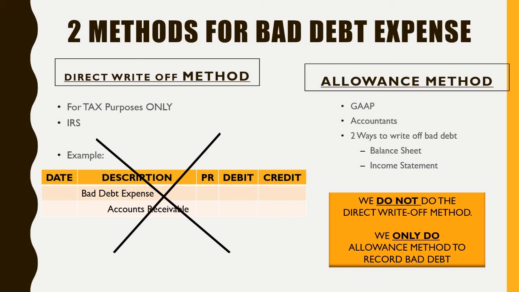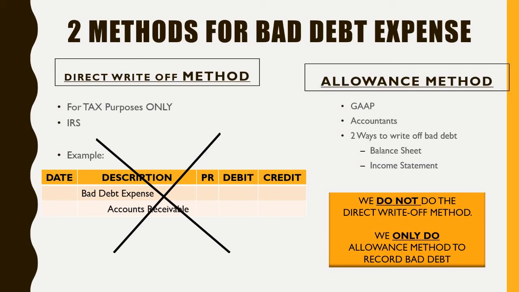The allowance method is governed by GAAP, because what GAAP tells you is that you need to have the matching principle. You need to recognize your revenues, and you also need to recognize your losses. So being governed by GAAP, they tell accountants you should take this step.